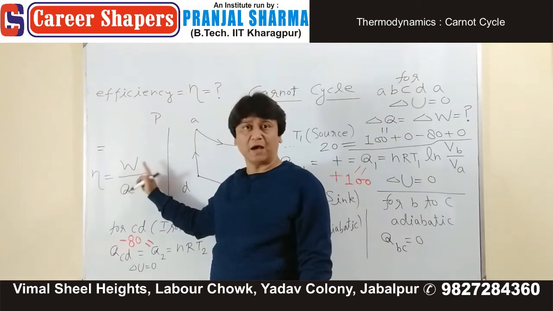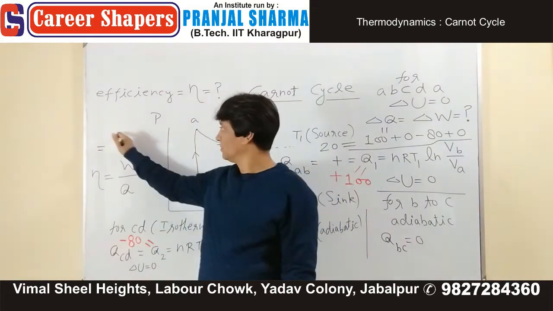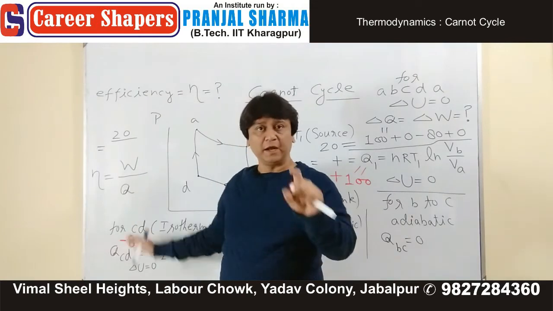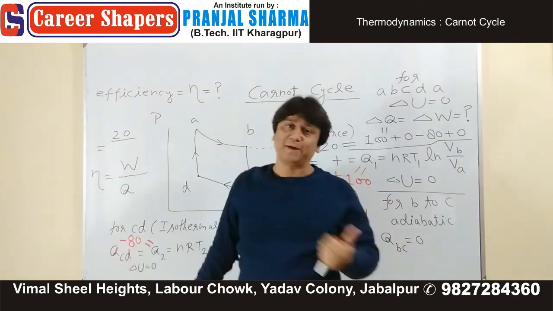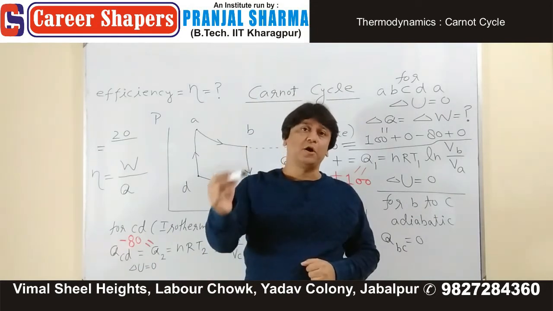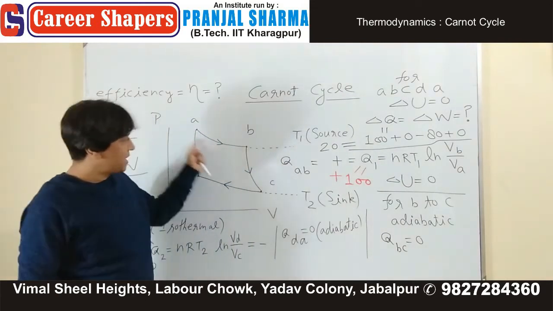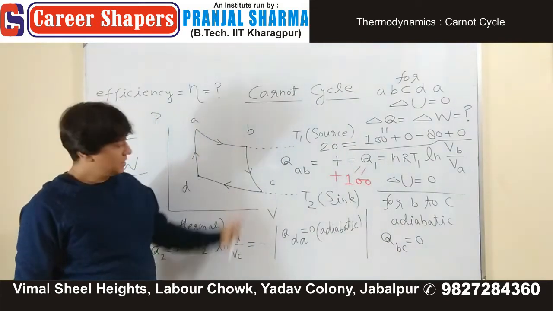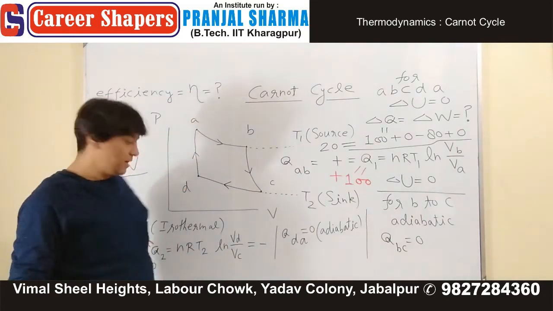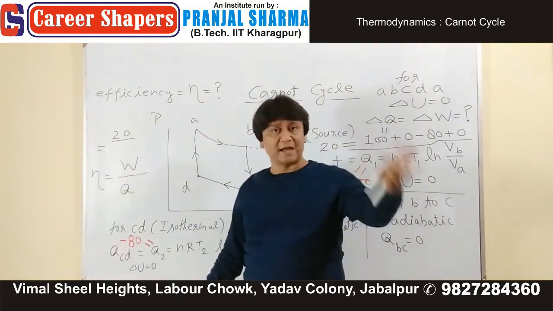Work done by the system, 20, divided by heat accepted by the system, or you can say positive heat supplied. Positive heat is being supplied from A to B. C to D heat supplied is minus 80. The negative sign tells you that heat is getting rejected.